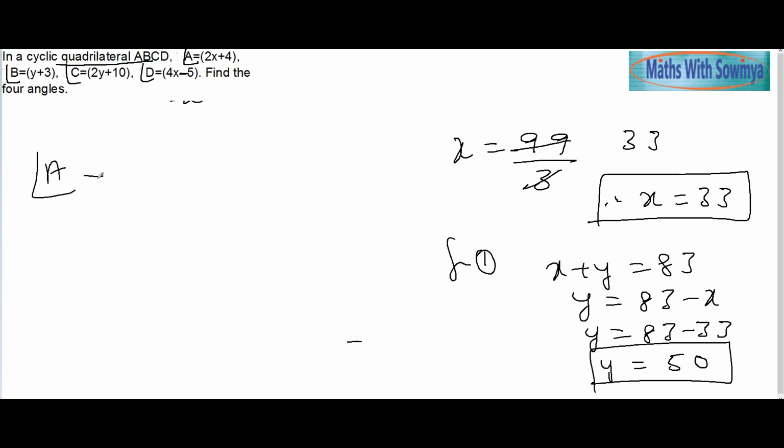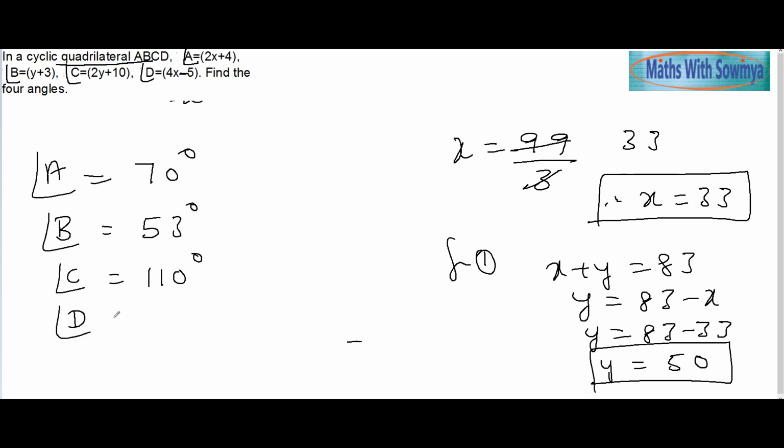So when you substitute, A is 2x plus 4. Substitute x, you will be getting 70 degrees. You people can try and see. You will be getting the same answer here. On adding, there will be 180 degrees. So these are the answers. This is one of the important things.